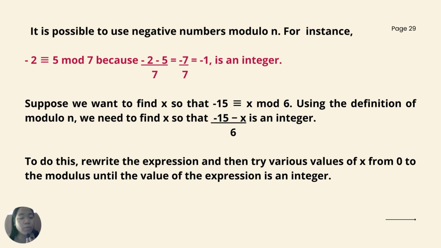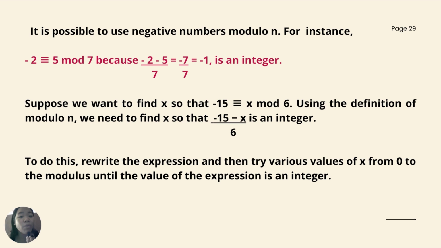Okay, so mod 6. Using the definition of modulo n, we need to find x so that negative 15 minus x over 6 is an integer. The 6 is our mod or modulus. So to do this, rewrite the expression and then try various values of x from 0 to the modulus until the value of the expression is an integer.